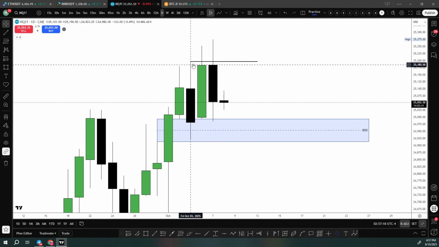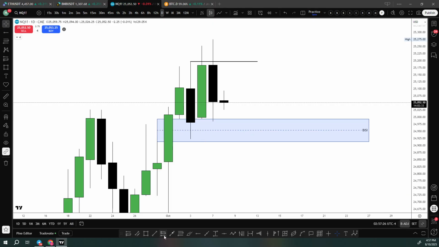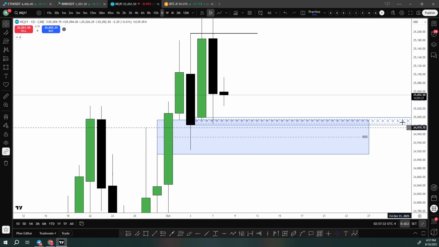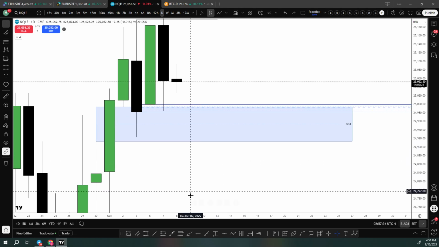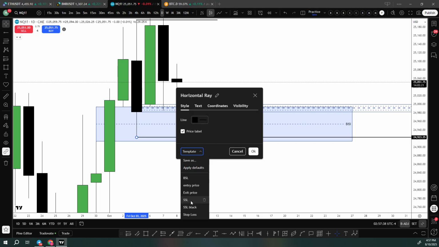Okay, so we had a total soup. I think the draw on liquidity is going to be to fill in the new day opening gap fully. This is sort of my first objective for the day, so I'm going to mark that out. And then my next objective is going to be sell side objective will be here.